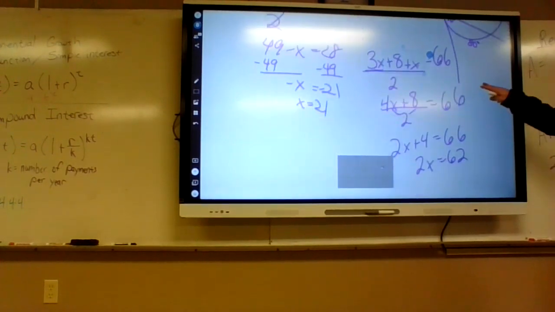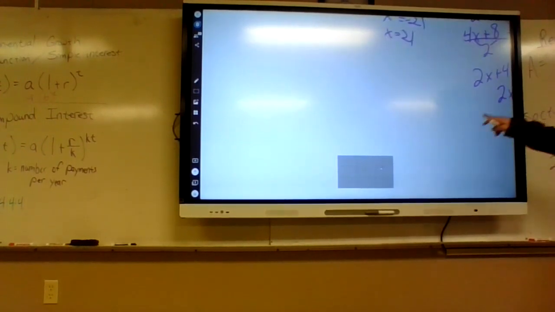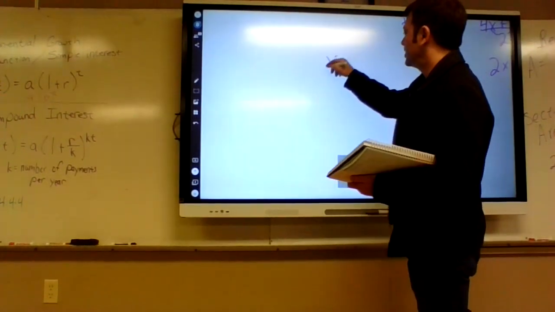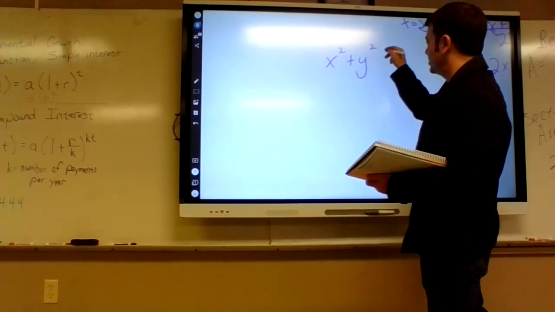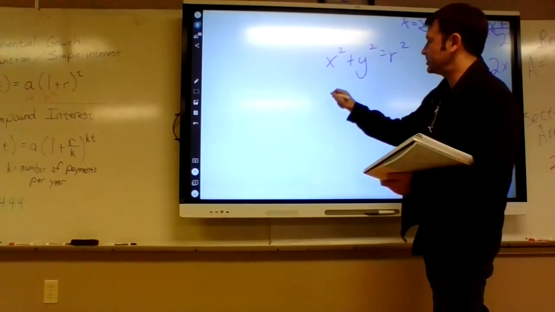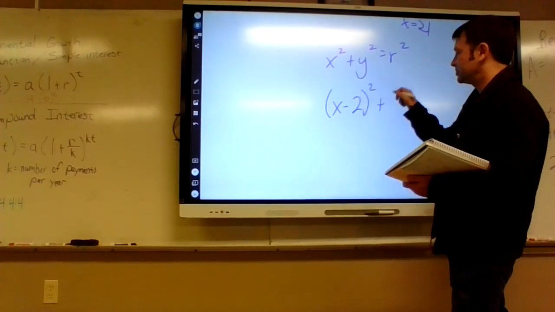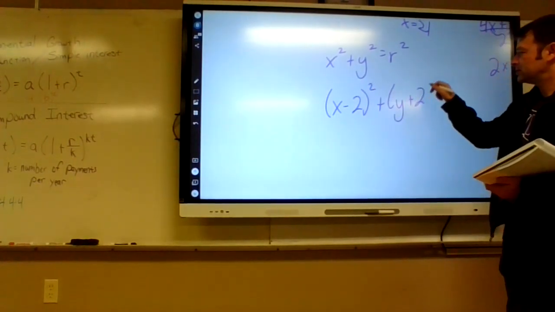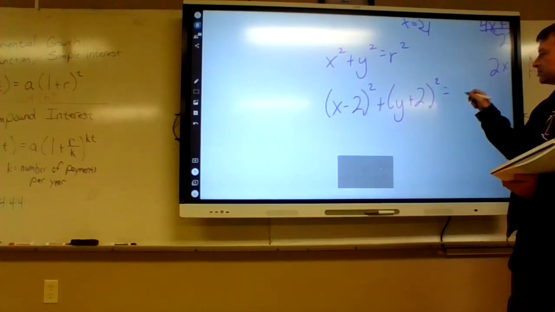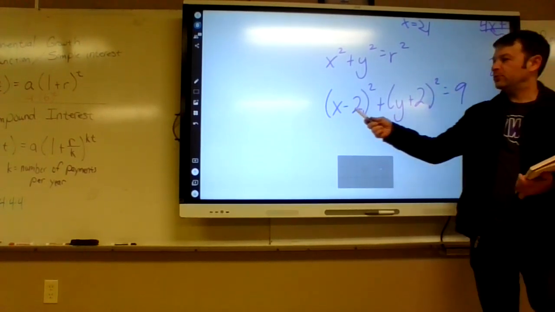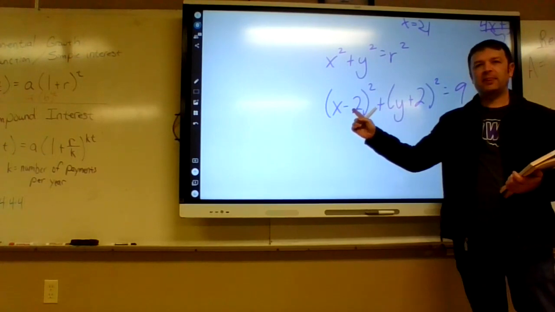You guys remember what a circle formula looked like? Yeah, like x squared plus y squared equals radius squared. Actually, a lot of times it looked more like this. Okay, what did this do to the graph?